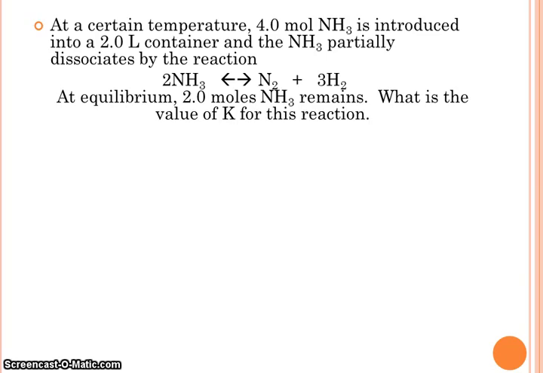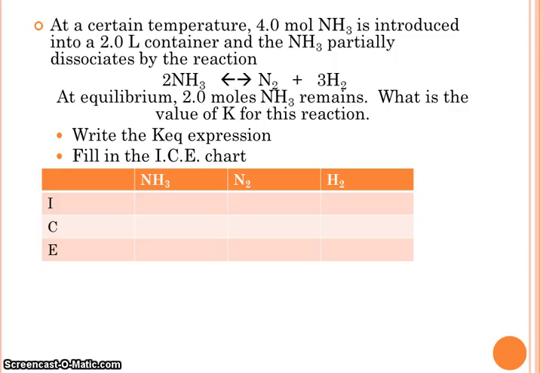So again, we've got the same steps. We're going to write our K expression, we're going to fill in our ICE chart, and then we're going to calculate K. So our K expression will be K equals the concentration of nitrogen times the concentration of hydrogen cubed over the concentration of ammonia squared.